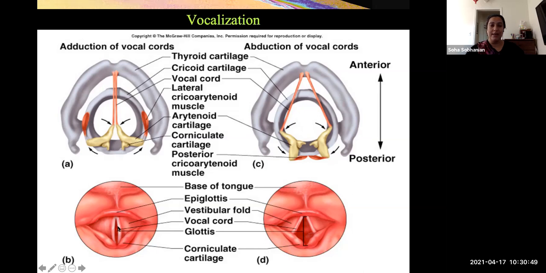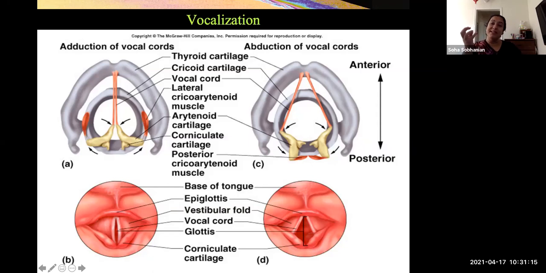If you look at the image below, these 2 pink lines that you see right here are your 2 vocal cords. See the gap is very small between them, so that's the closed position. And then this is the open position, when the 2 vocal cords are far apart from each other, so you have a larger space between them.